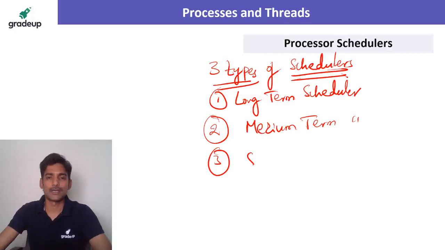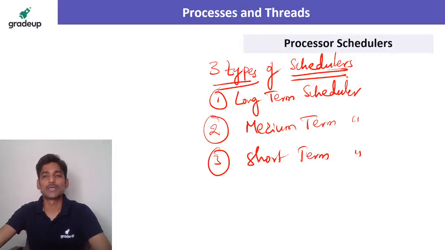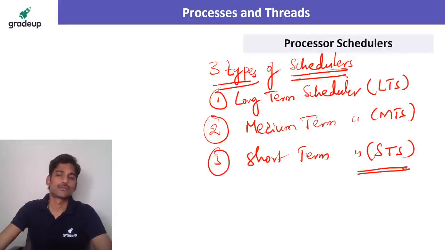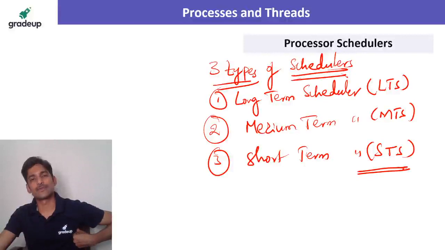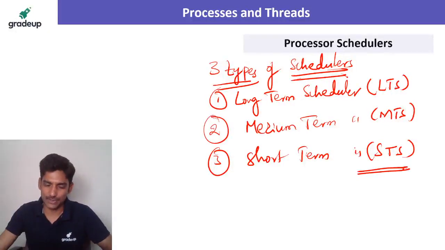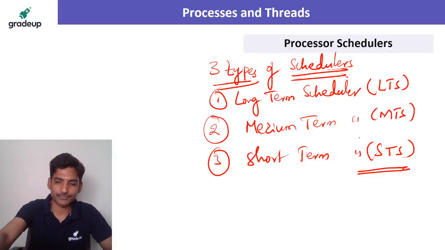And three, short-term scheduler. In short, we can call the long-term scheduler LTS, the medium-term scheduler MTS, and the short-term scheduler STS. So let me call these with the short notation LTS, MTS and STS.